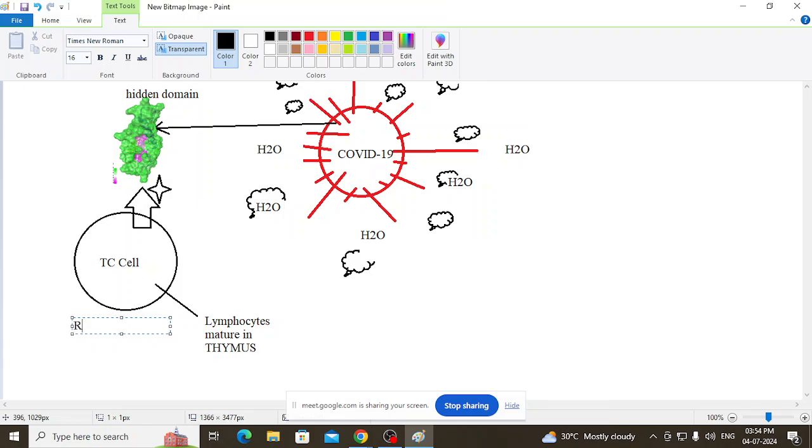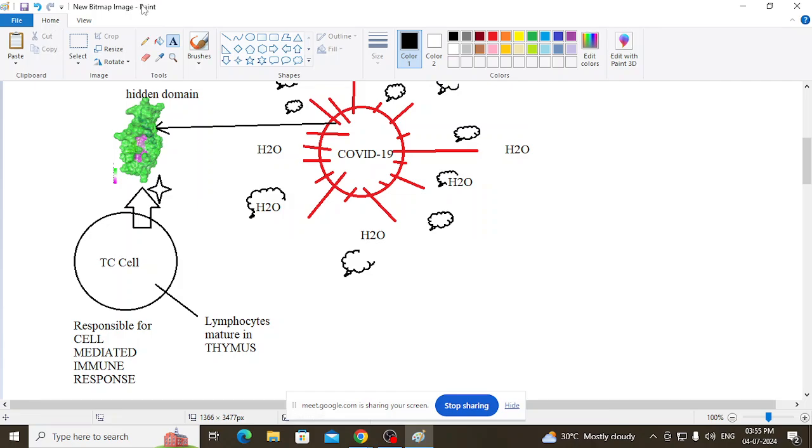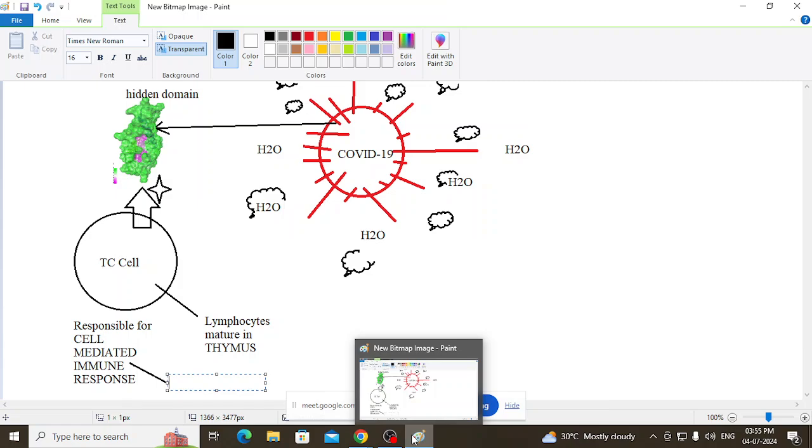They are responsible for cell mediated immune response. Now what is cell mediated immune response? It's a type of adaptive immune response. It is not secondary, it is primary.